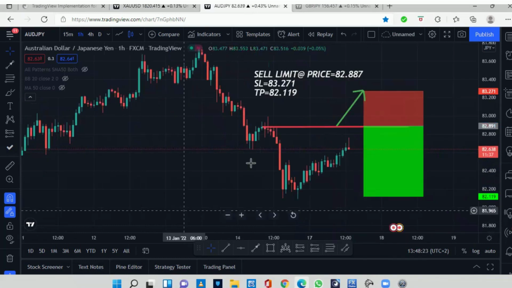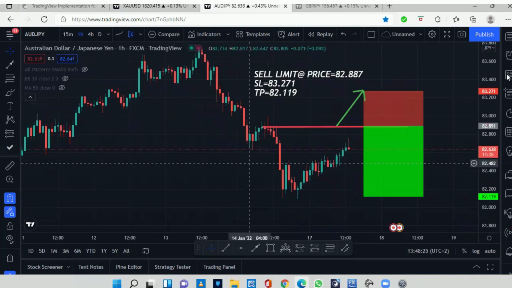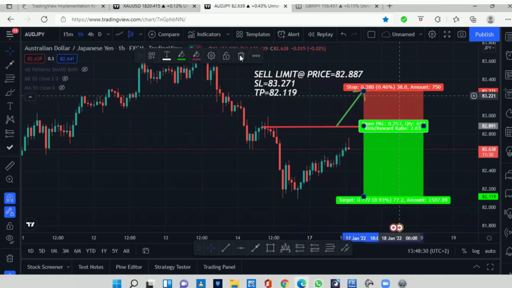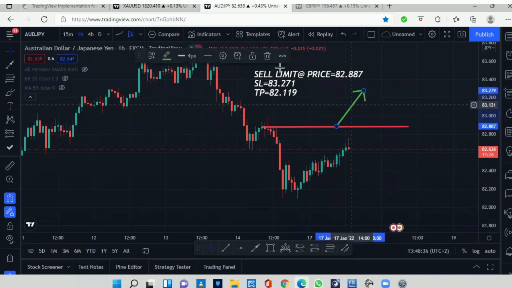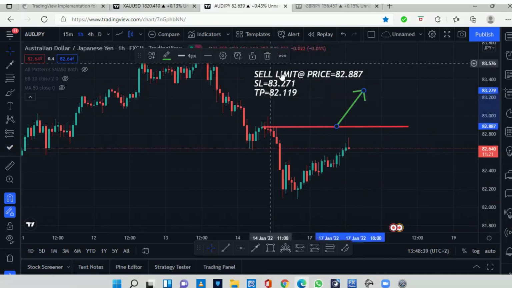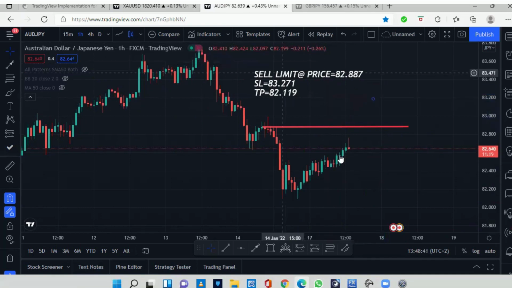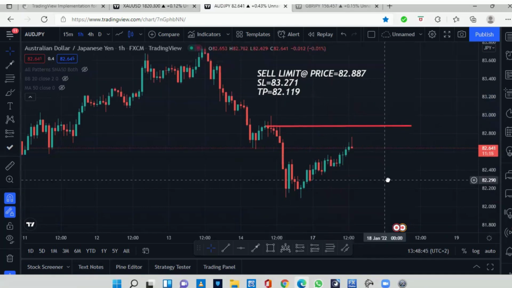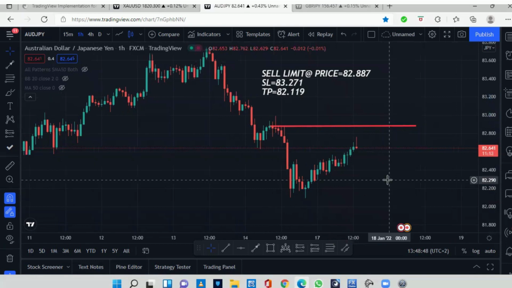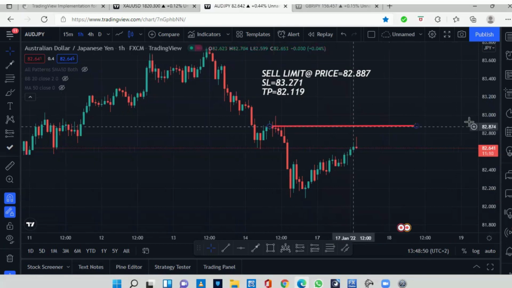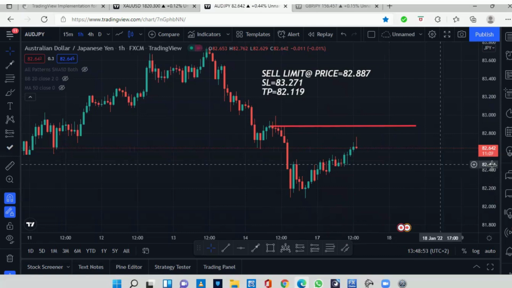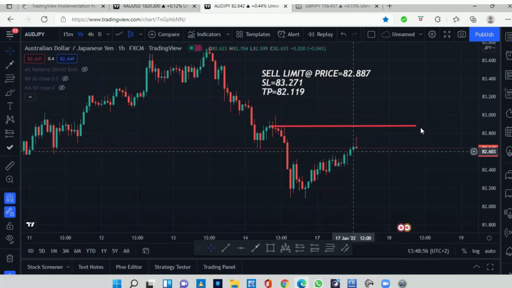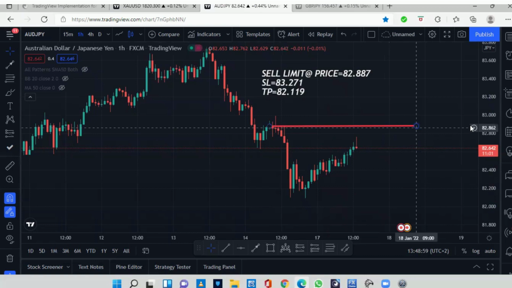On to the last one, we have a sell stop order. Sell stop, this one will be slightly different than the sell limit. In this case, a sell stop order, the order has to be placed below the current market price, and then price has to continue going down to that level.